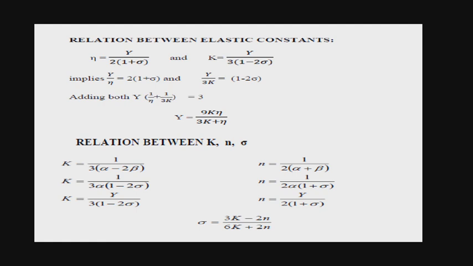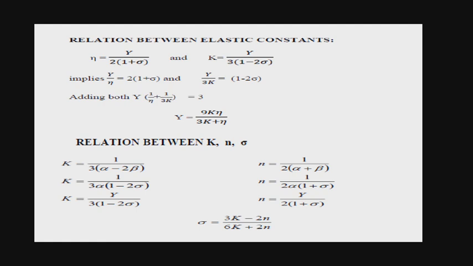Just rearrange the formulas. Take 2 into 1 plus sigma on the LHS and eta on the RHS, that is Y divided by eta is equal to 2 into 1 plus sigma. Same in this side, that is Y divided by 3K is equal to 1 minus 2 sigma.